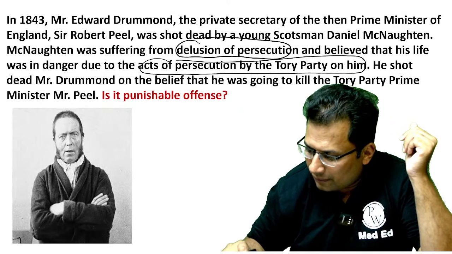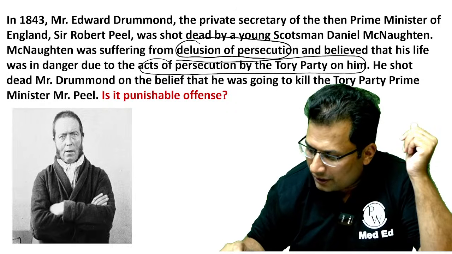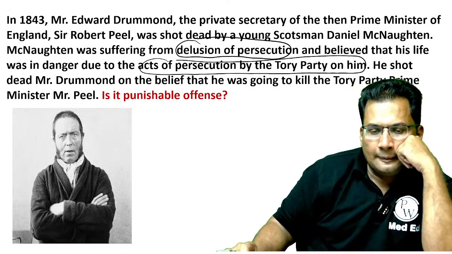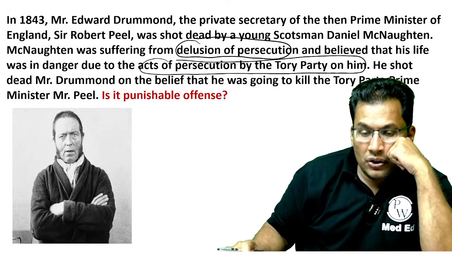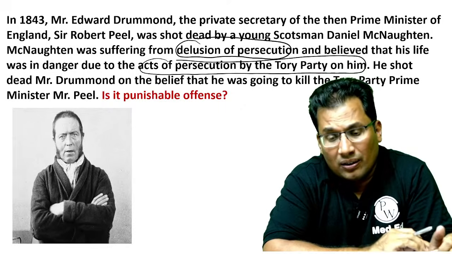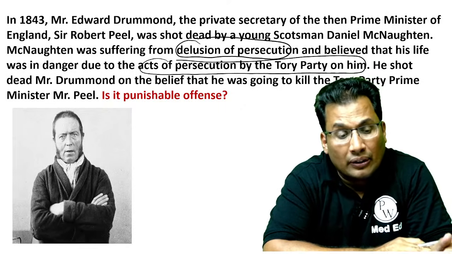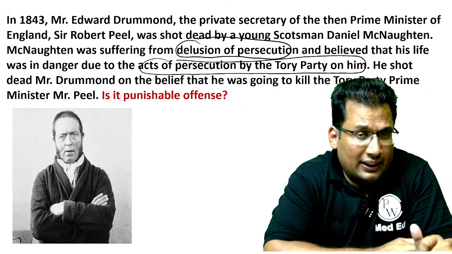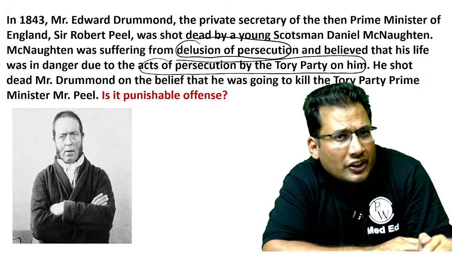Not punishable. Is it punishable? Not punishable. Yes or no? So delusion of persecution is there, and here the crime is murder. The murder in 1843. My question, is it punishable, not punishable?